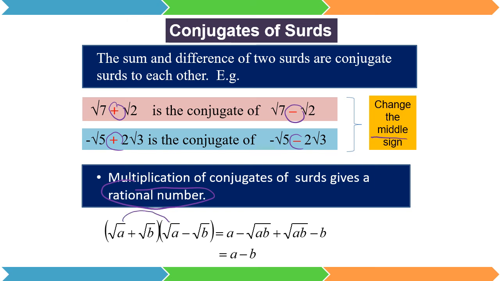Surd A times surd A is equal to A. Surd A multiplied by negative surd B, we have negative surd AB. Surd B multiplied by surd A is positive surd AB, and then surd B multiplied with negative surd B is minus B. So the surd AB terms can be cancelled out. So what we are left with is A minus B. So we don't have a surd in the result.